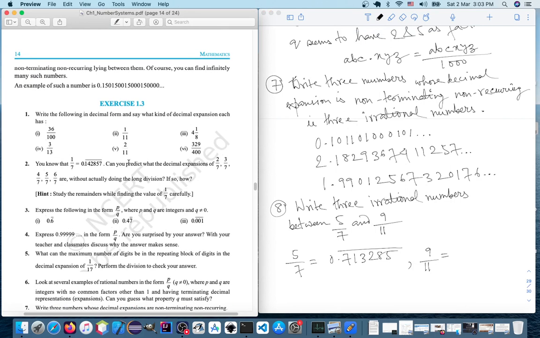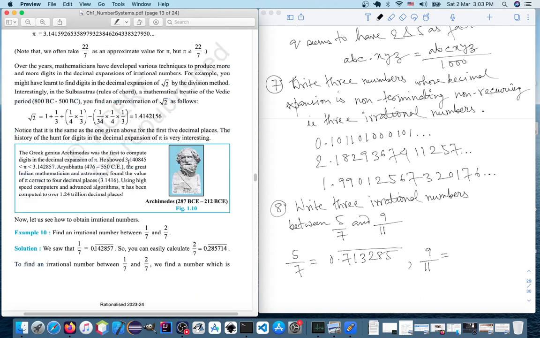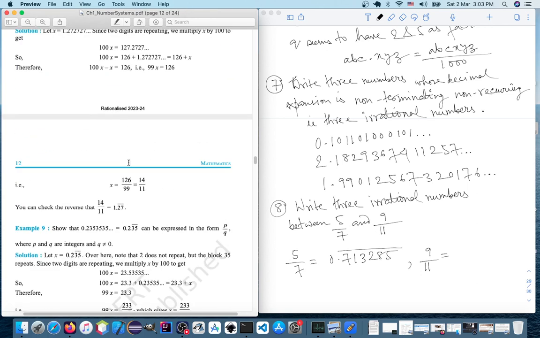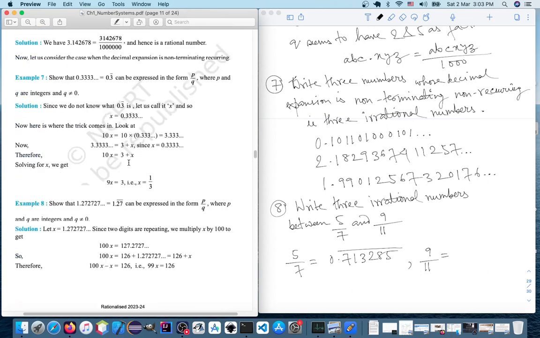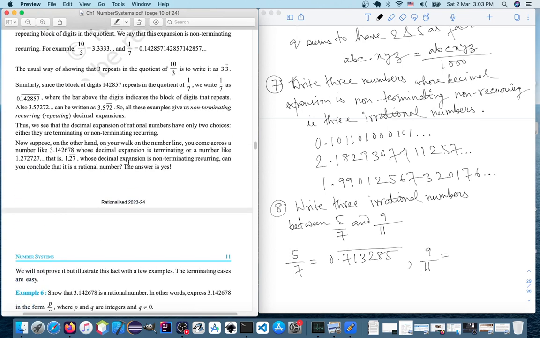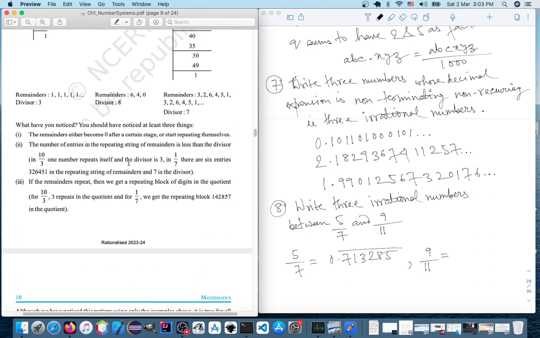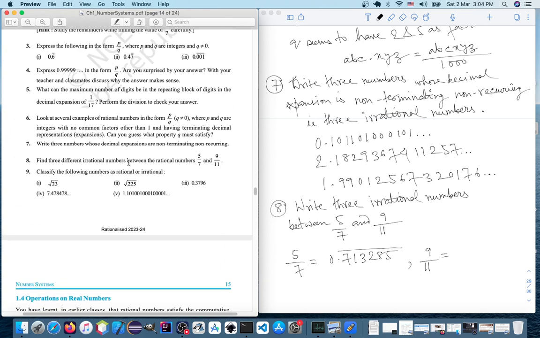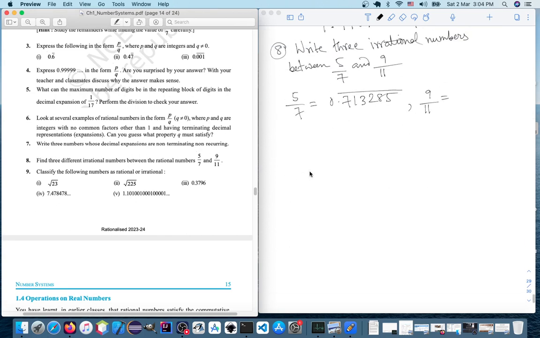In the example, is it 14 by 11? No. 9 by 11, no. So we have to find the decimal expansion of 9 by 11. So let's quickly do that.